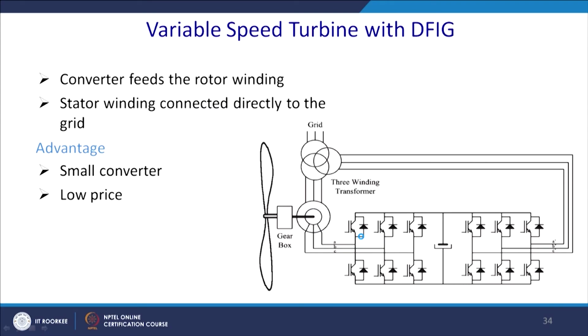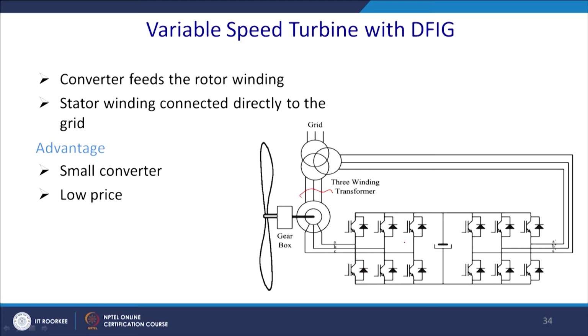So, this is the overall diagram of it. You can see that there is a gearbox, thereafter it feeds the power to the stator as well as the rotor. This is the stator side converter, and this is the rotor side converter. It can inject power, or it can take away power.